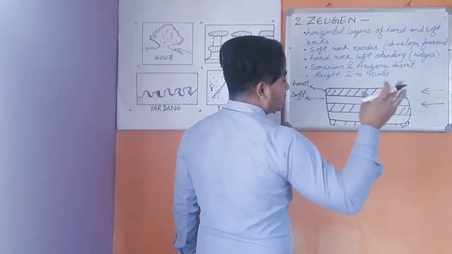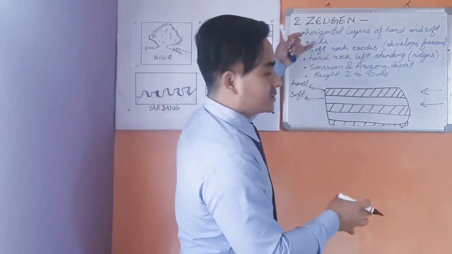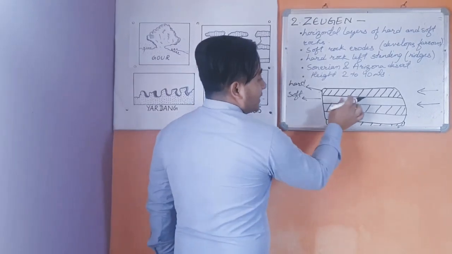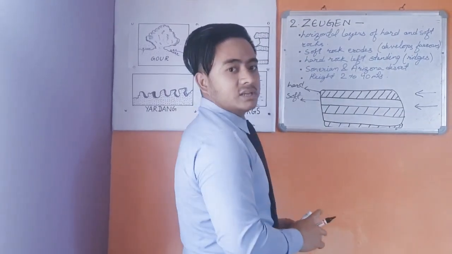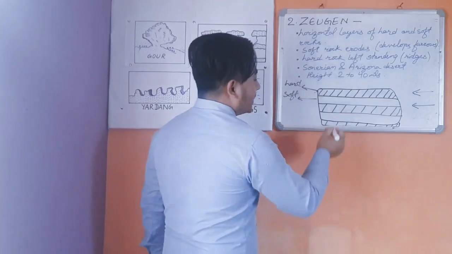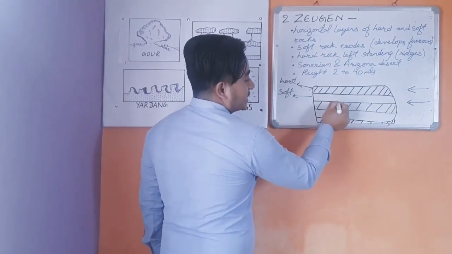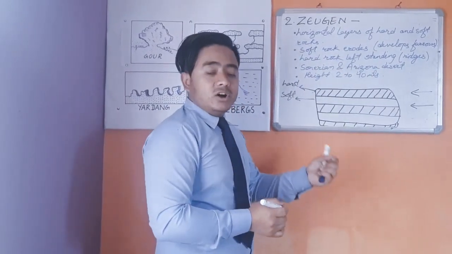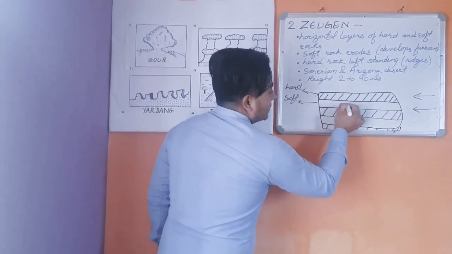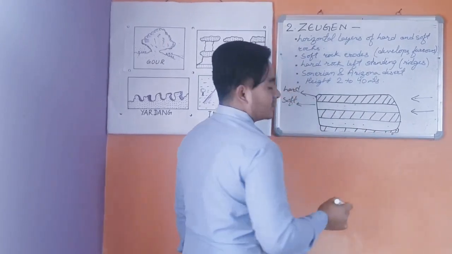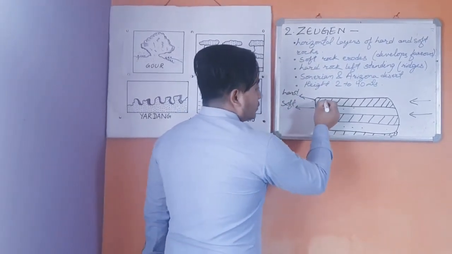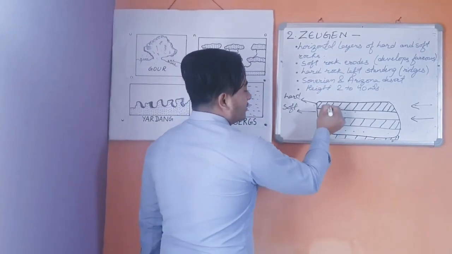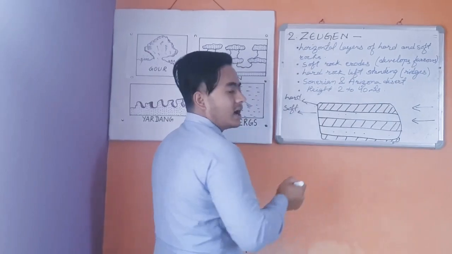That means if the wind is blowing from this direction or this direction or from this direction, then the beds of the softer rock start eroding. The rate of erosion will be more in these beds of soft rock. At the same time, erosion will also occur in the beds of hard rock, but the rate of erosion will be less in the beds of hard rock.